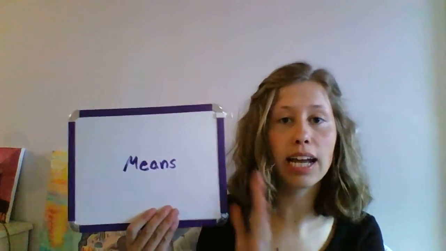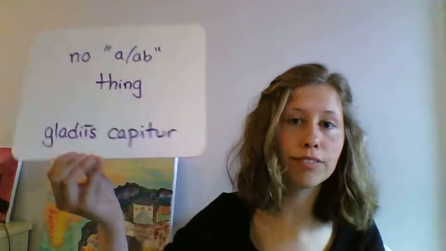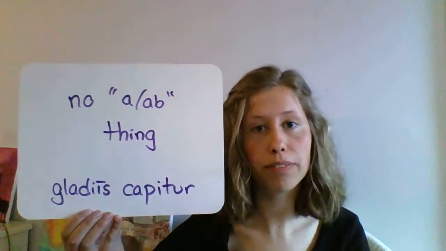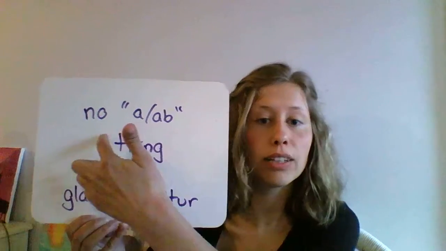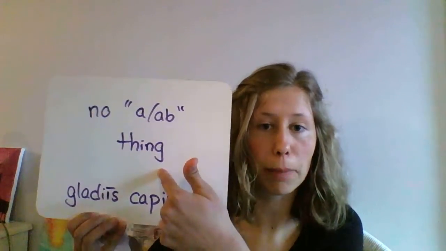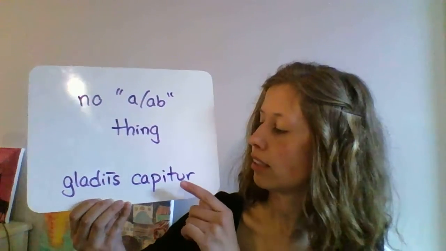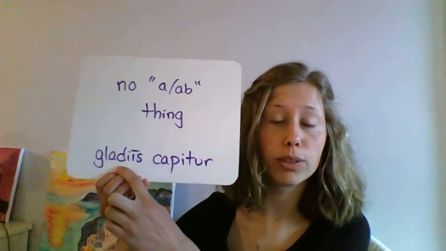Ablative of means is pretty similar, but it doesn't have a or ab. So it's again ablative of means, usually used with a passive verb, not always, but often, but this is a thing rather than a person, and there is no a or ab. So for instance, he, she, it is caught by means of swords.